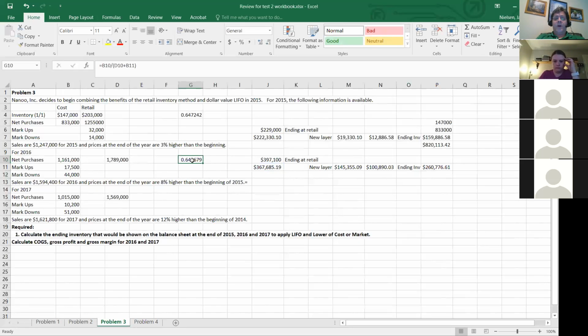The 64, you can see the formula right there, okay? Net purchases divided by the retail value of the net purchases plus the markups. And if you do it in a formula like that, make sure you put it in parentheses, right? Or you're going to get a screwy result from a mathematical standpoint.